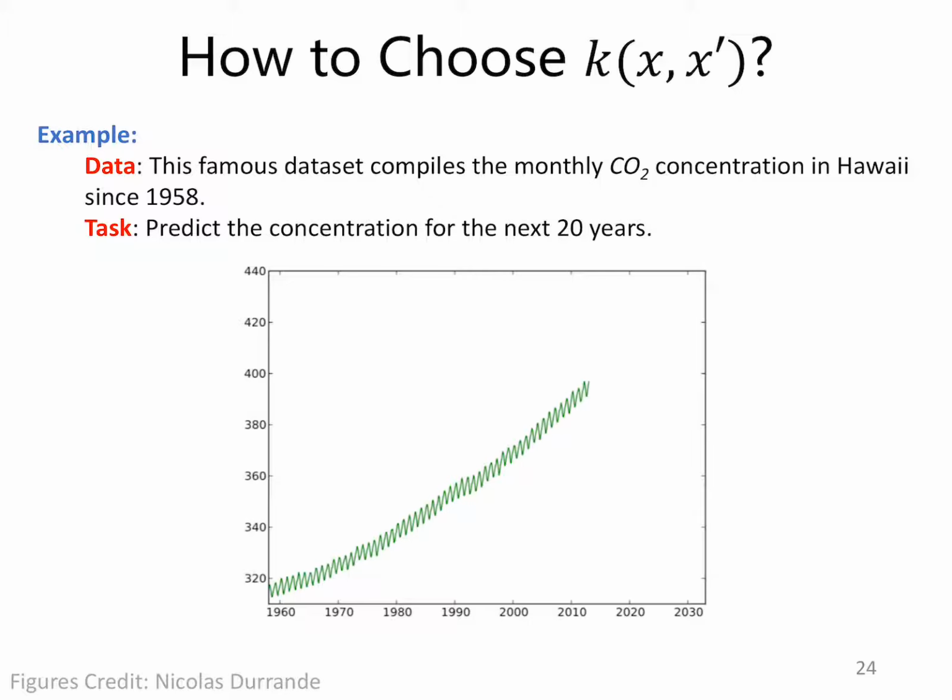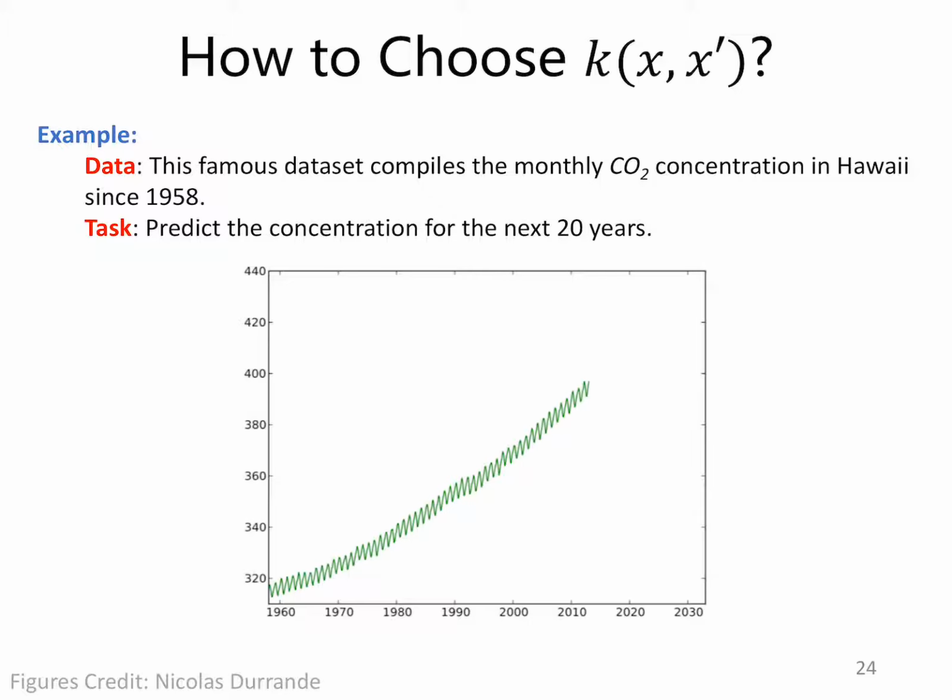Okay, so we talked about how the choice of the kernel is important. Let me give you a practical example. Here is a very famous data set. It's the amount of CO2 emission from the 1960s to the year 2000. Let's say that you want to predict the amount of CO2 emission in the year 2020. If I show it to a human being, what do we see?